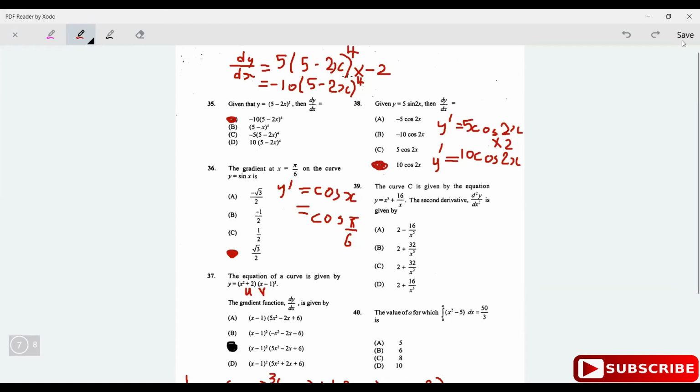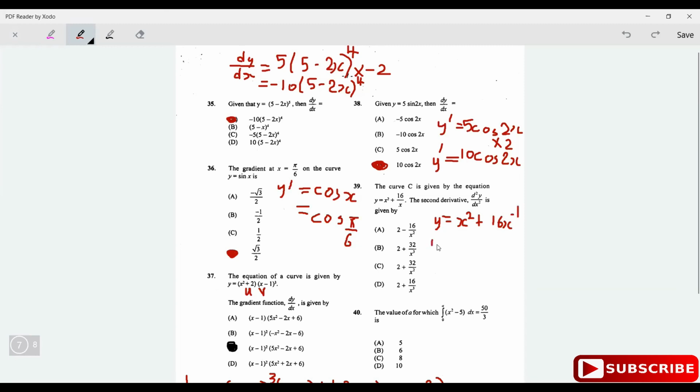Now, question 39. Question 39 says, the curve C is given by the equation y is equal to x squared plus 16 over x. Find the second derivative d2y by dx squared. So y is equal to x squared plus 16 over x, and we can rewrite 16 over x as 16x to the minus 1.